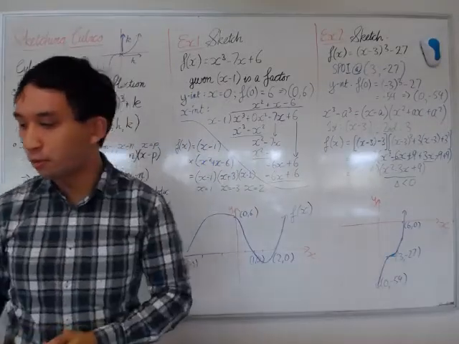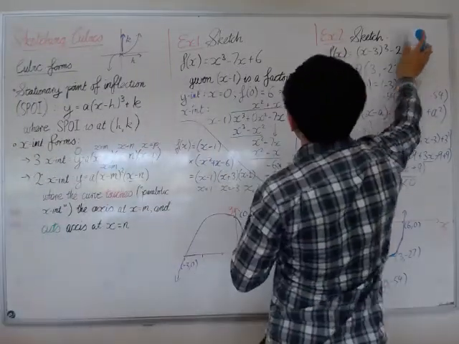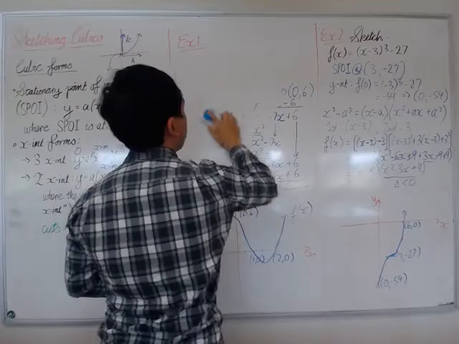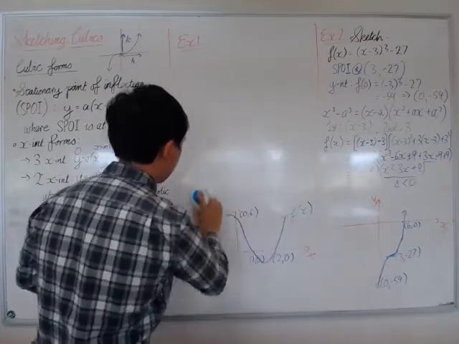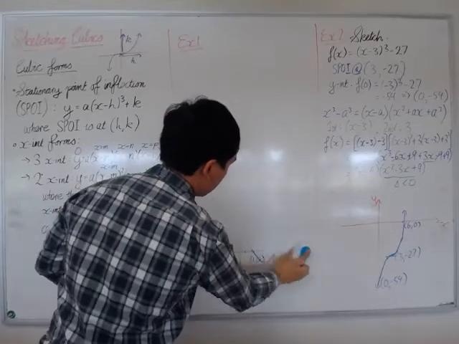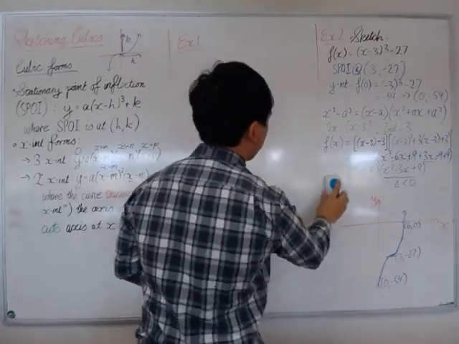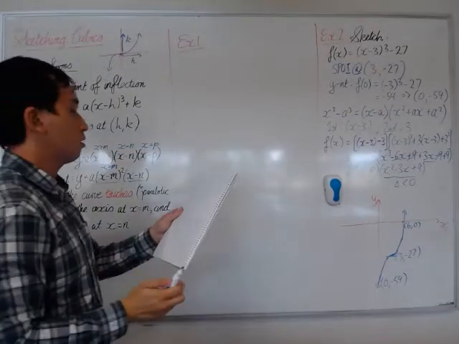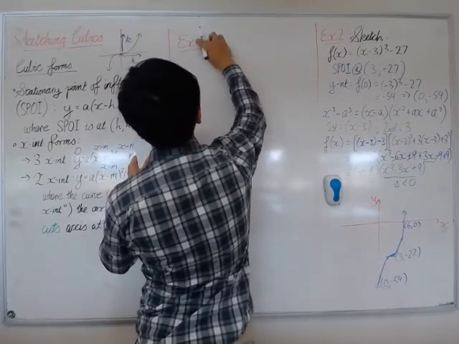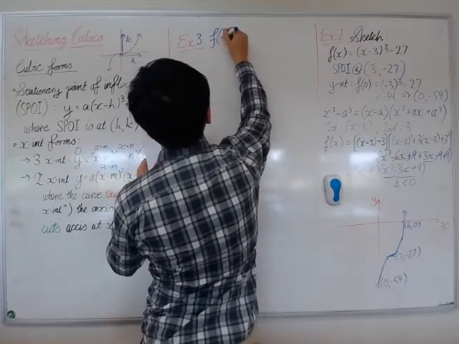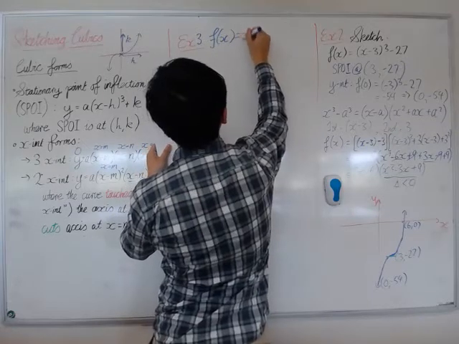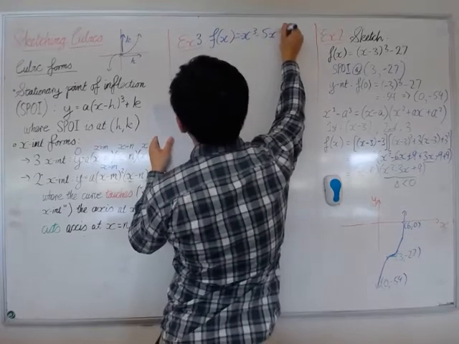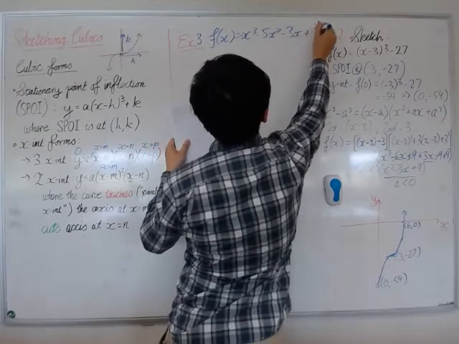Alright, I think we'll do one more example. We have negative x cubed minus 5x squared minus 3x plus 9.